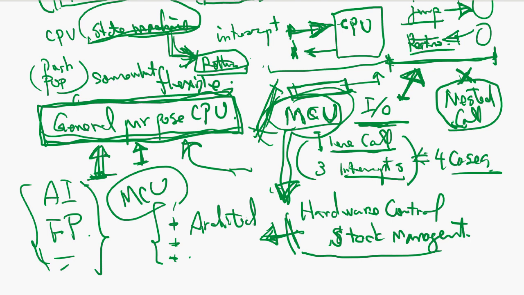But who's going to do nested calls in MCU programming? I mean, no way, because memory size is limited and everything is within a tight bound of memory size. So this is a totally unnecessary architecture for the MCU and some special purpose CPUs.